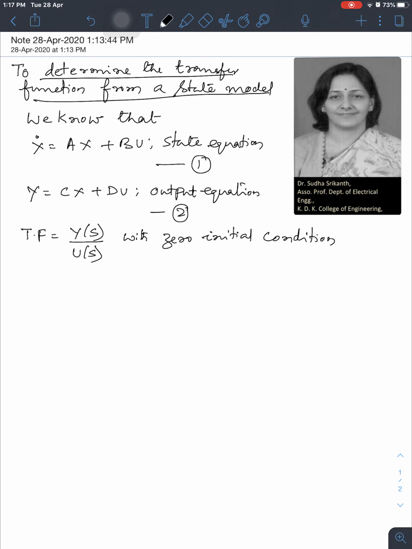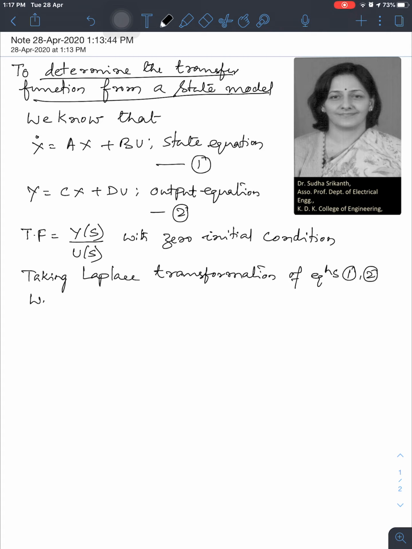Now, equation 1 and equation 2 are time domain equations. We need to obtain the equations in the Laplacian domain. How do we do? So we try to take the Laplace transformation of these two equations. Okay, taking Laplace transformation of equations 1 and 2.